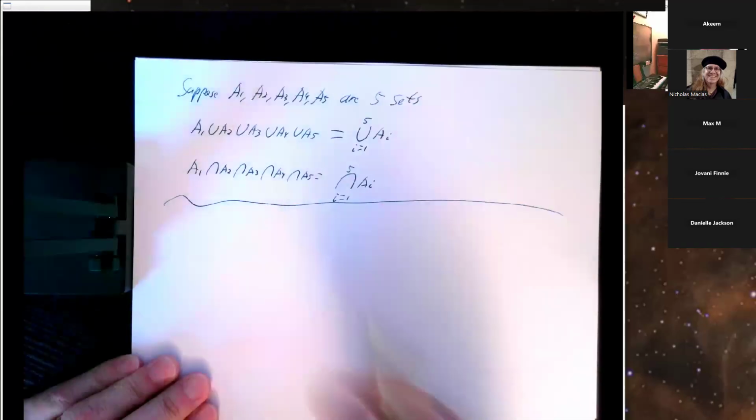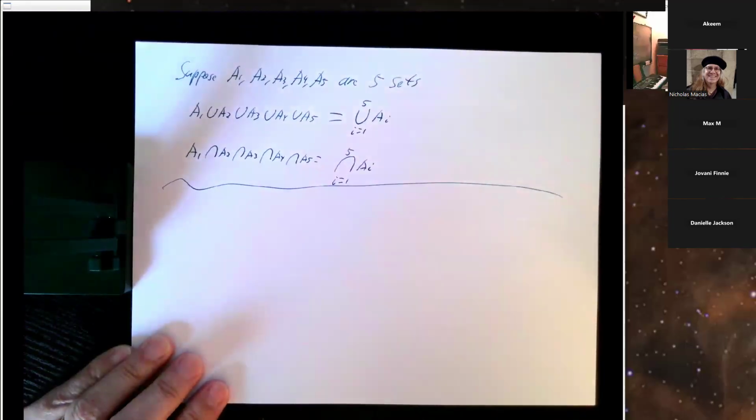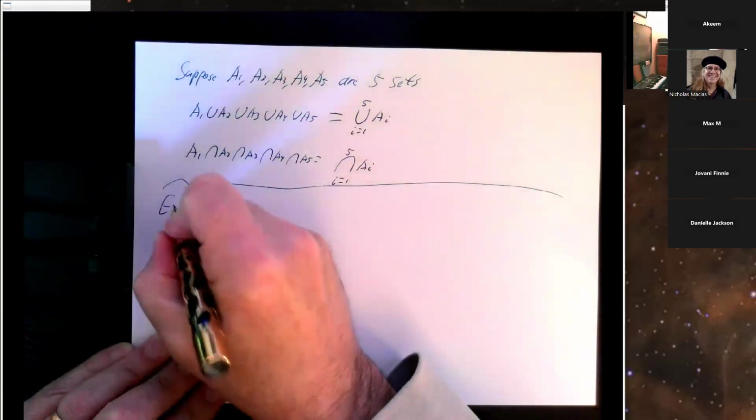So using that notation, we can start puzzling about some interesting questions. So here's an example.